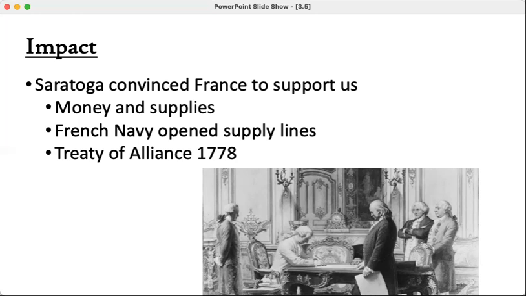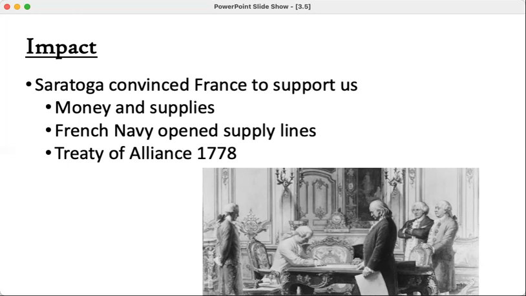One of the things that we're going to see is that the French will join the fight against the British, primarily just to say, screw you to the British. It's not because they believe in the American Revolution.